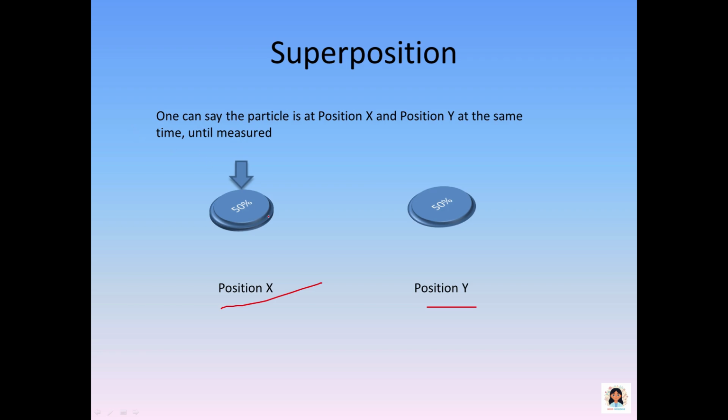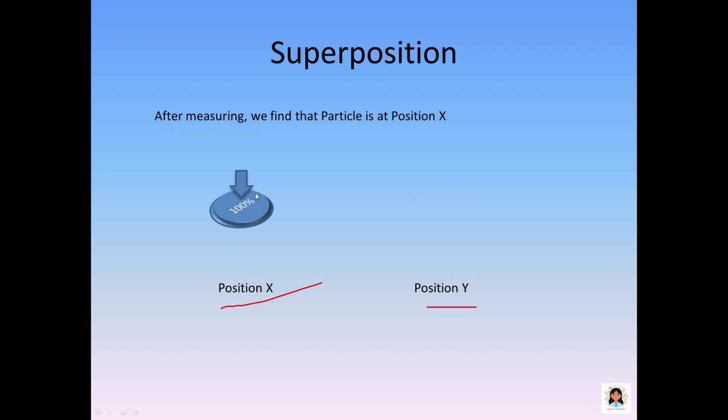They just want to know if it is at position X or position Y. So they measure this atom. They find out that it is at position X. After measuring, we find that the particle is at position X. The whole wave collapses, showing you that there is only the one particle at position X.